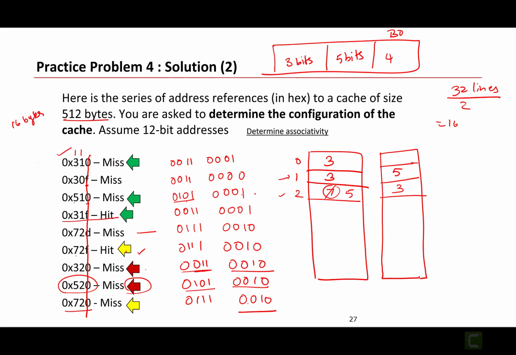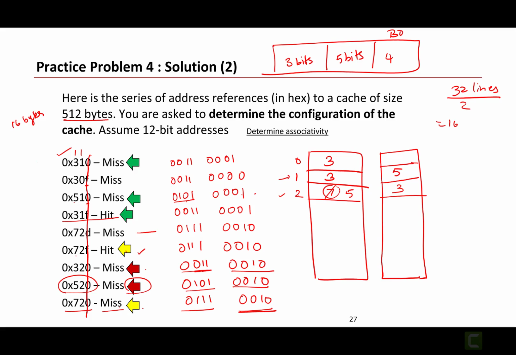And then I finally access the last address, which is also set index 2 and tag 7, which we just happened to evict. So it turns out to be a miss. Again, it's consistent. So we just finished simulating a two-way set associative cache, and it seems to work well. There is no contradiction at all. So we can conclude that this cache configuration is a valid configuration for the given problem.